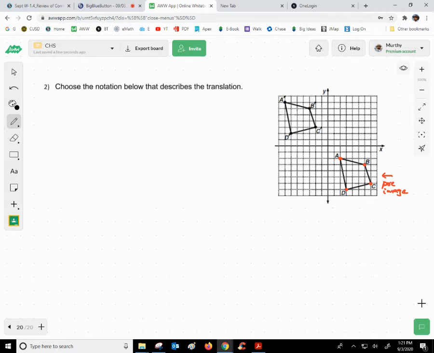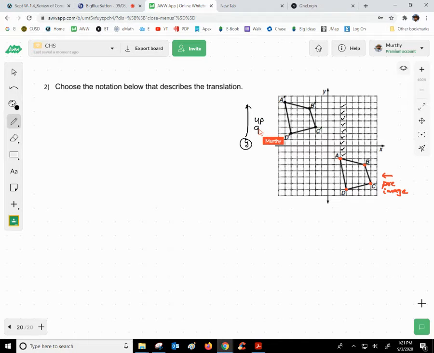Let me take point A: 1, 2, 3, 4, 5, 6, 7, 8, 9. After 9 blocks, it came here. The vertical line always represents the y-axis. So it is 9 blocks up, therefore up by 9 units.